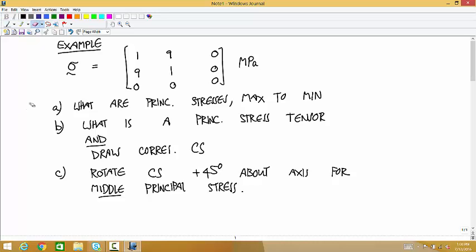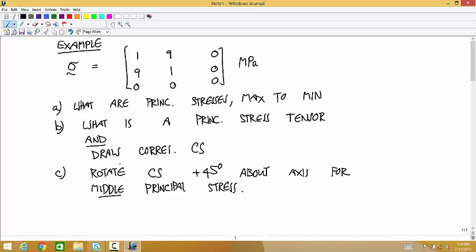Okay, so why would we do that? That seems like unnecessary busy work. Rotate 45 degrees about the axis corresponding to the middle principal stress. But in fact, this is a really important thing.